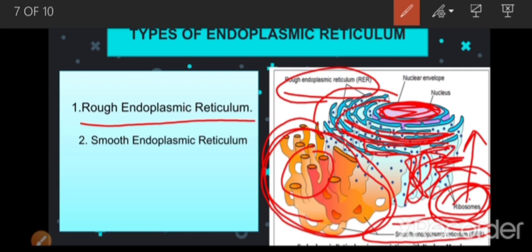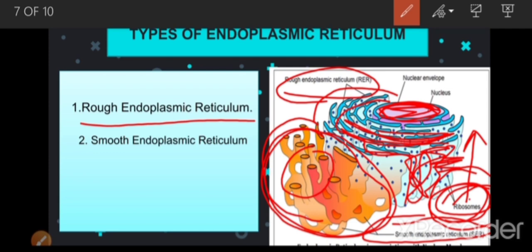The basic function of smooth endoplasmic reticulum is that it helps in the synthesis of lipids and fats.